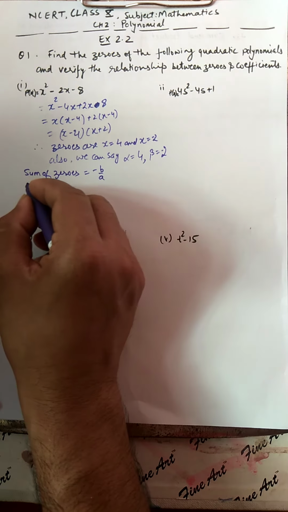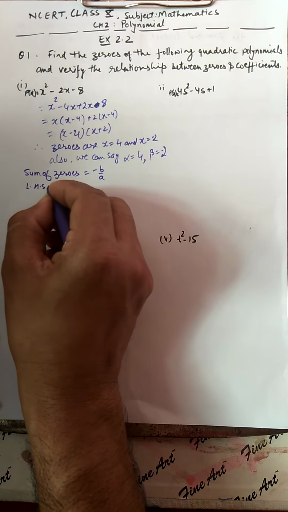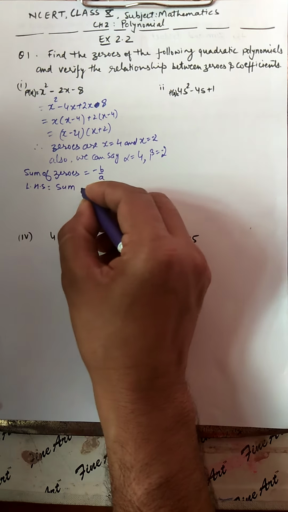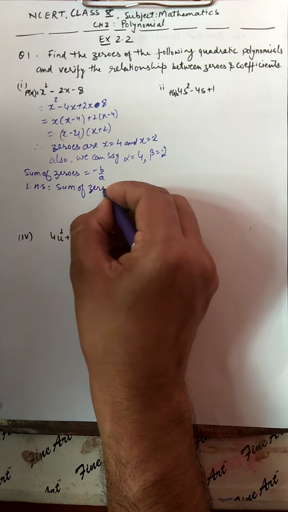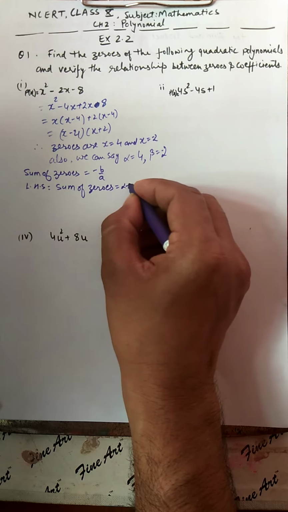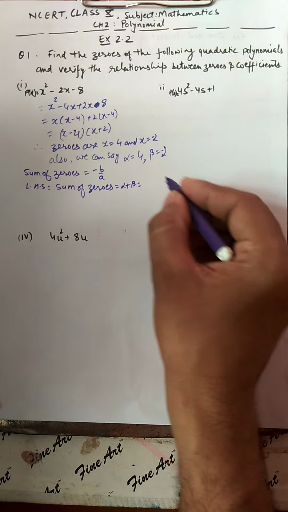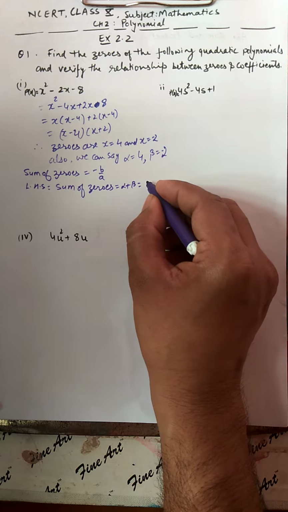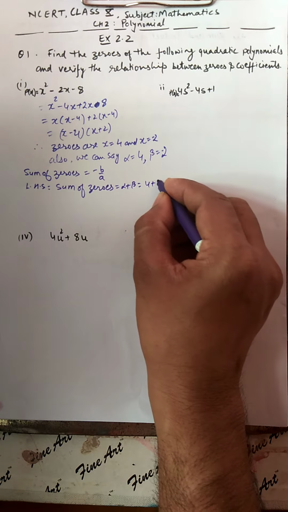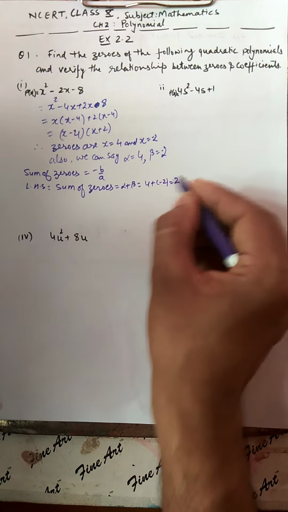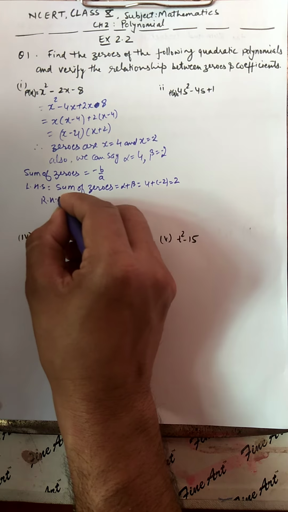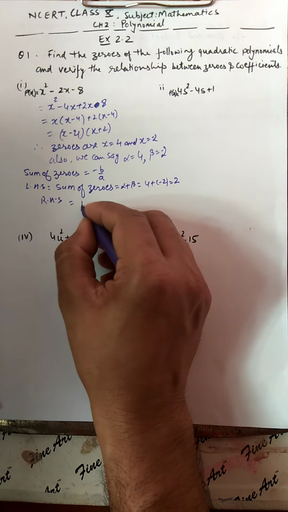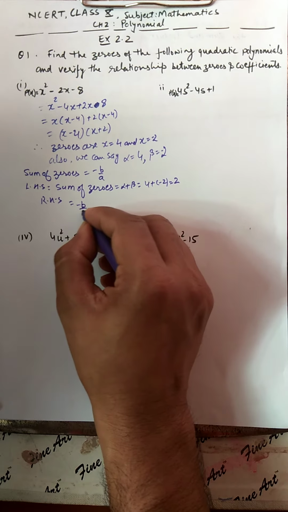So we'll do LHS, the sum of zeros. The zeros are alpha and beta, so you can write alpha plus beta. This alpha is 4 plus minus 2, so this is 2. Now RHS is minus b upon a.